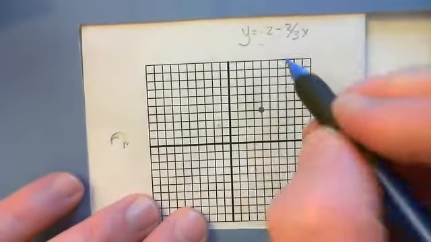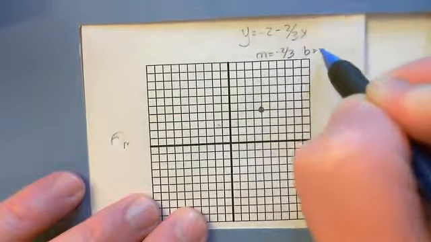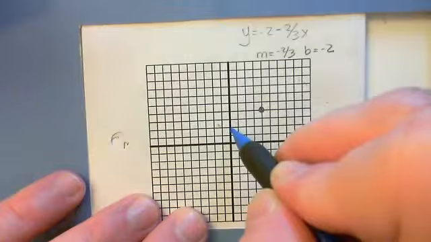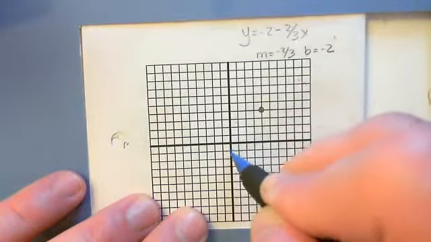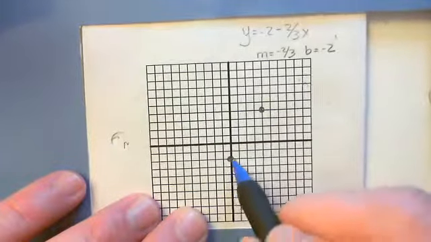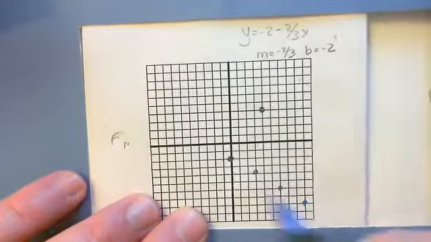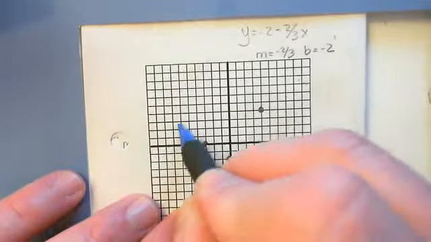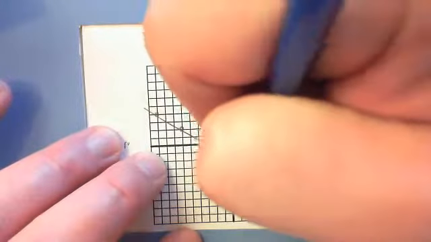Here I see that the slope is negative 2/3 and my b is negative 2. So I'm going to graph this line, which starts at negative 2, and then goes down 2 over 3, down 2 over 3, and then up 2 over 3. Okay, so basically this is our line.